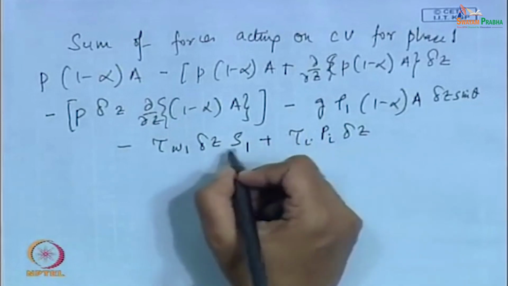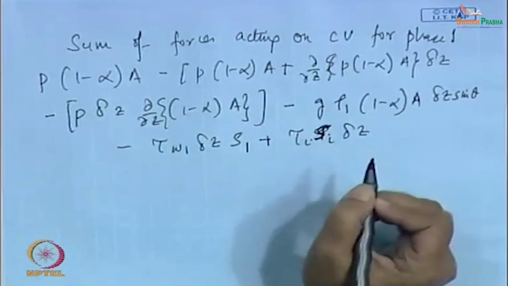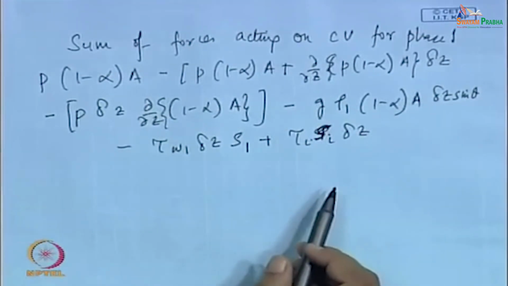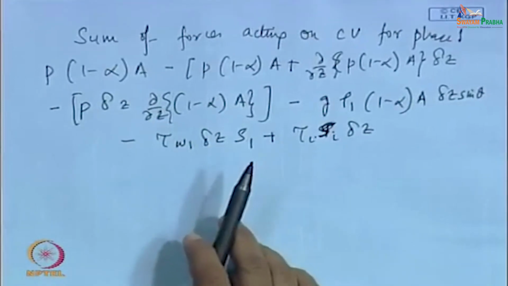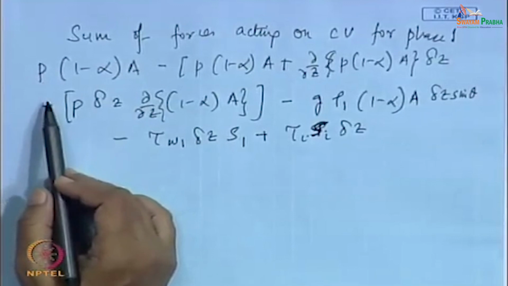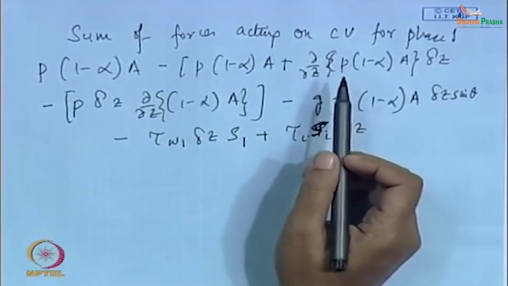Sorry, S I, sorry, S I delta Z. See if this portion is clear to you. This is the force which is acting on one part, and then this portion is the force acting on the other portion.